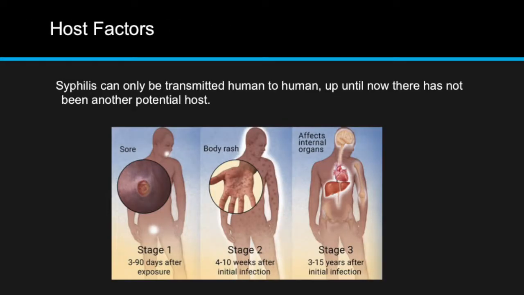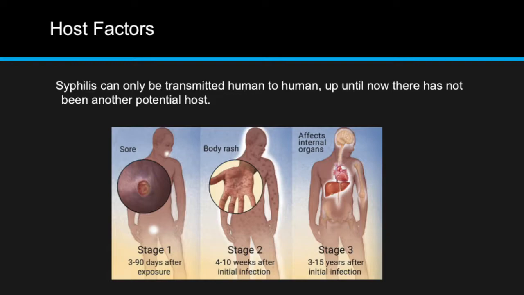As mentioned before, syphilis can only be transmitted human to human. Until now, there has not been any other potential host. And below, you're going to see a picture of how syphilis begins. Stage 1, from 3 to 90 days after the exposure. Stage 2, body rash, 4 to 10 weeks after the initial infection.